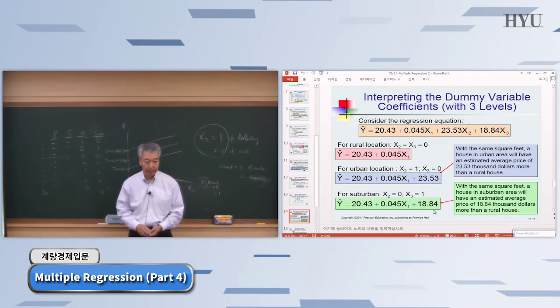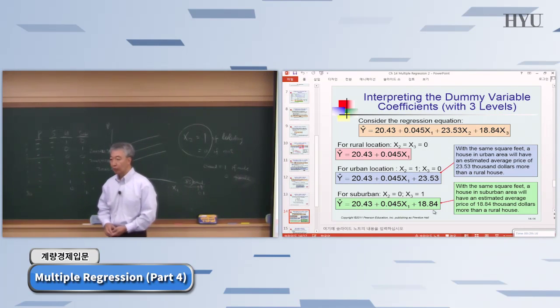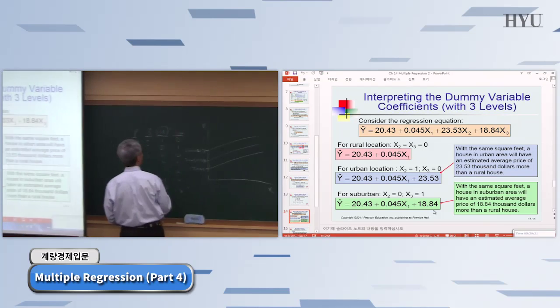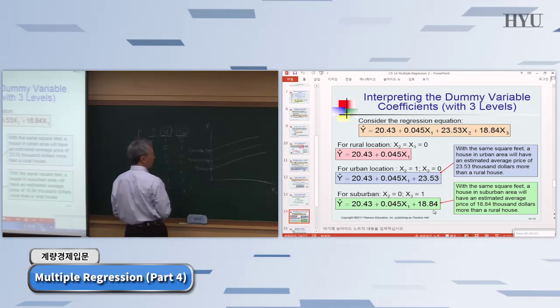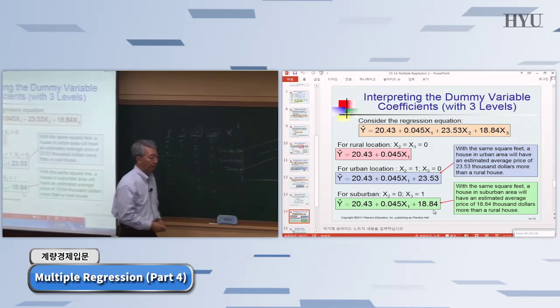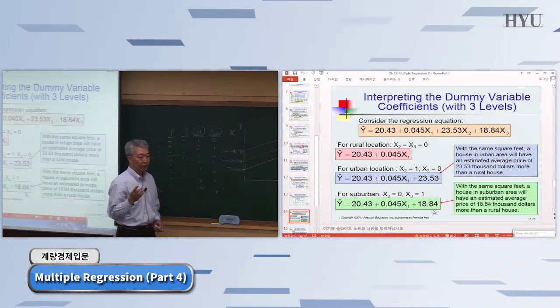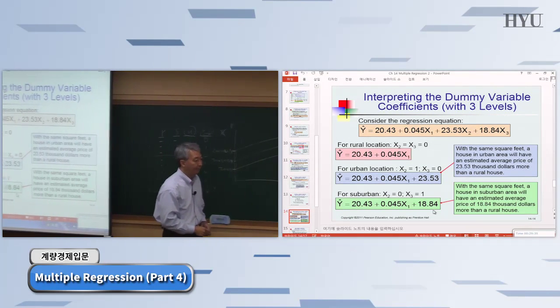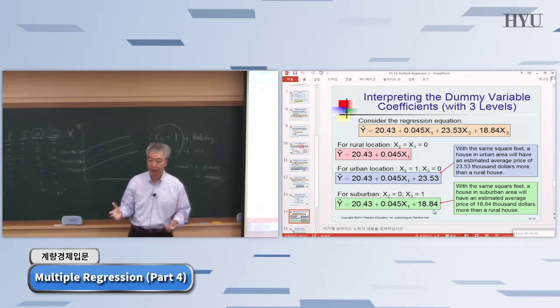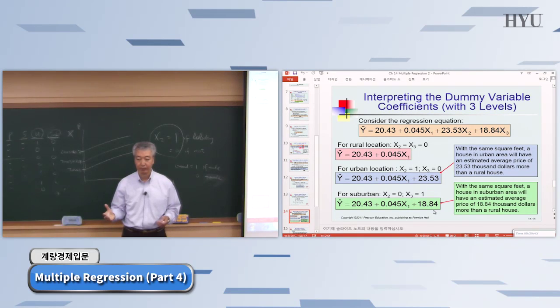In other words, we have created an urban variable and a suburban variable, but we have omitted the rural variable. Out of three levels, we have omitted one level. If you have 5 levels in any qualitative variable, you need to compare 5 different levels.